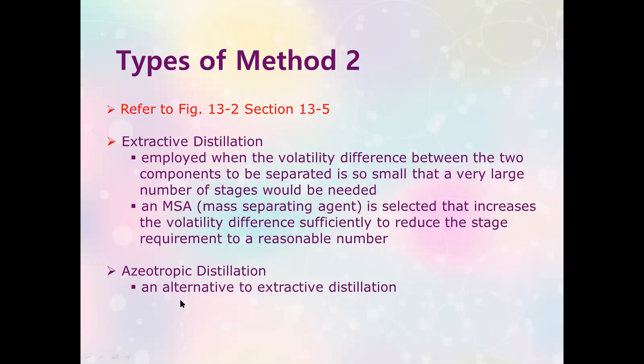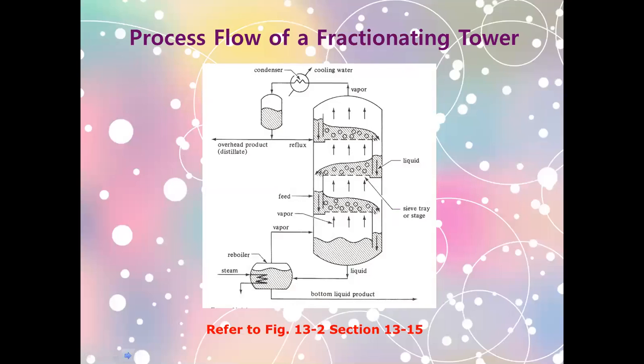Then again, you can use the mass separating agent to increase the difference in the volatilities of the components present because they cannot be separated anymore. And that is in the case of azeotropic distillation. So we only have two groups, the group that does not have reflux liquid and this one, the one that has reflux liquid.